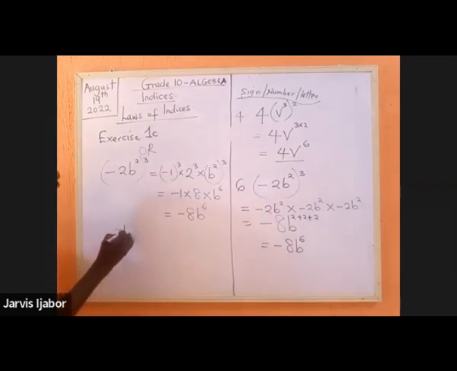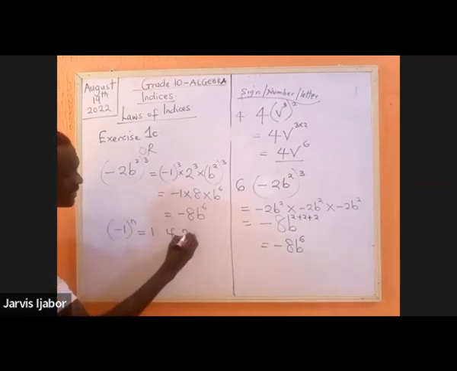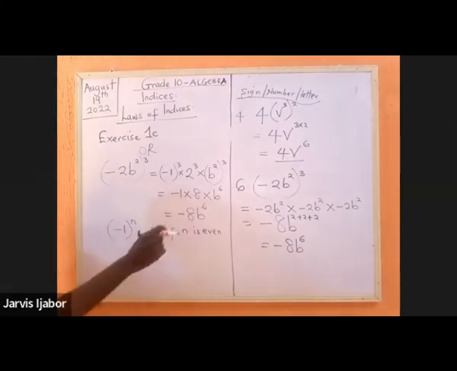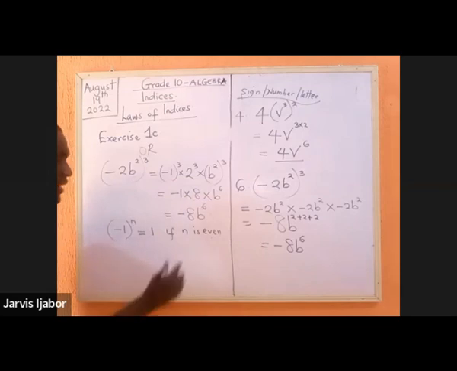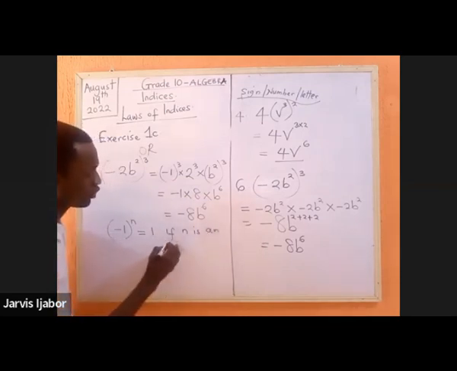If I have negative 1 all raised to the power of n, this will be equal to 1 if n is even, as long as n is an even number.